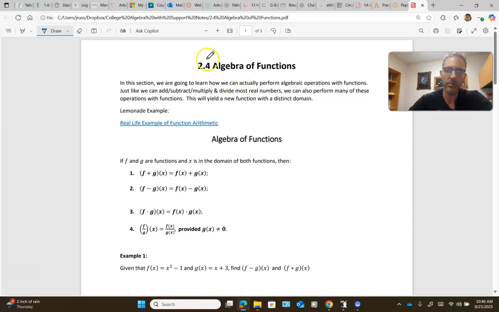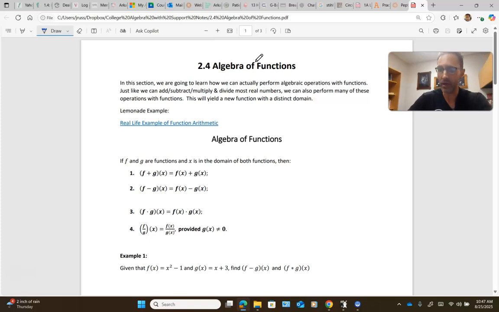And so you can use functions to model things like the cost. How much are just the ingredients going to cost? What's the fixed cost? What am I going to be paying for the stand, the other kitchen utensils that I'm going to need? And you can create a revenue function that models how much you're going to make, or how much you're going to bring in, basically.